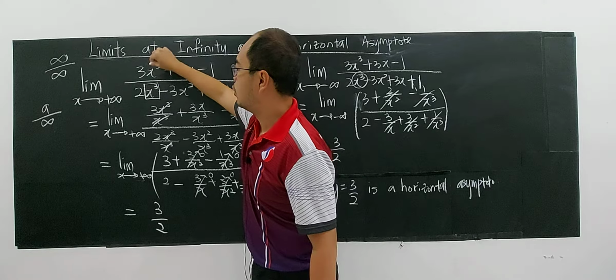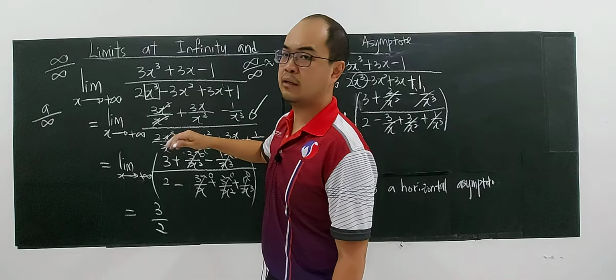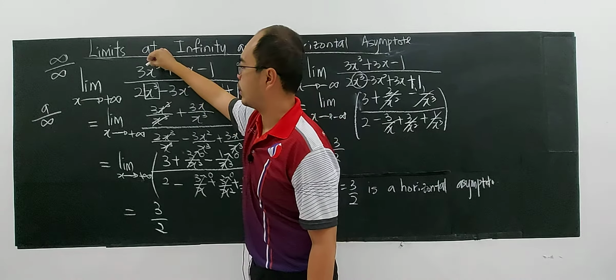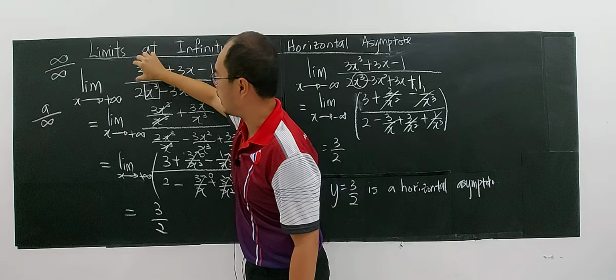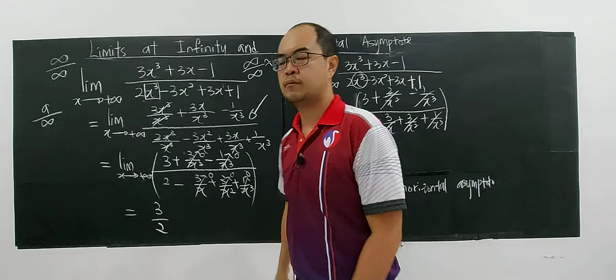So only these two determine the value of this function. It's like very rich people here, and this one becomes insignificant. So when you divide by x cubed, this is 3 times compared to this one. So 3 over 2. That's why you're getting 3 over 2, right?